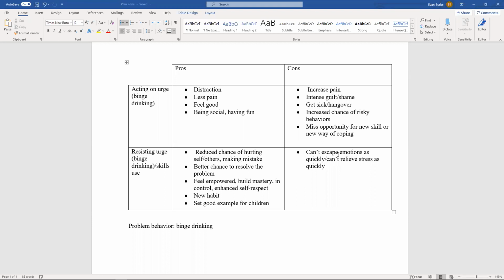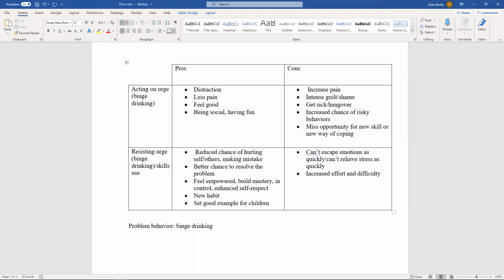Okay, let's see, that's it. Skills use and stopping or forming new habits also takes a lot of effort, and it will definitely be more difficult for you. So, increased effort and difficulty.